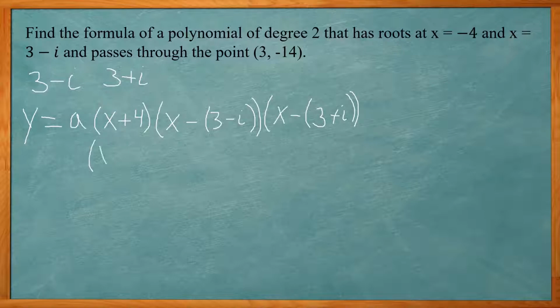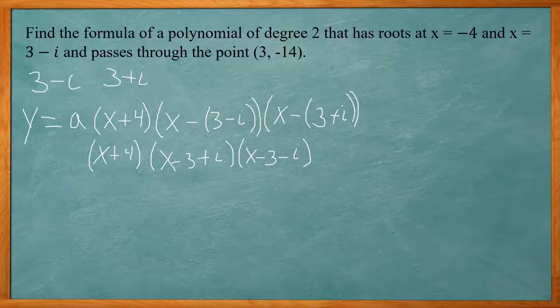All right, so if I rewrite that, it's going to be x plus 4. And then for the other ones, I'm going to distribute the negative, so it ends up being x minus 3 plus i and x minus 3 minus i. Again, I want to multiply the complex roots together.